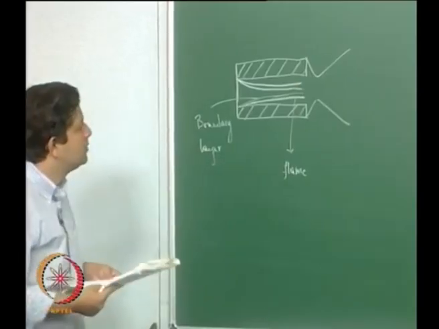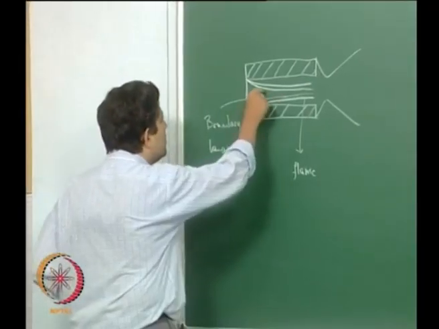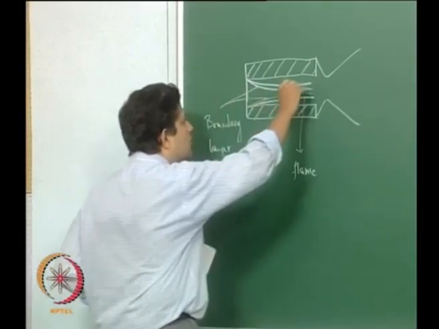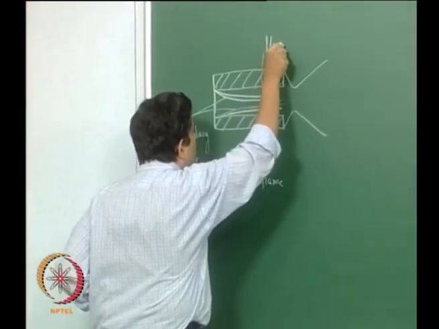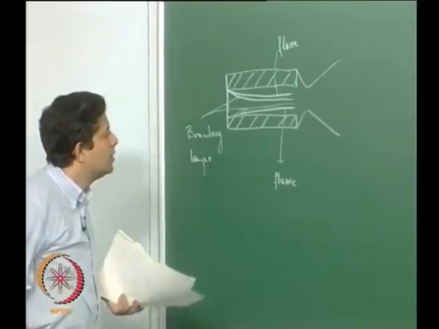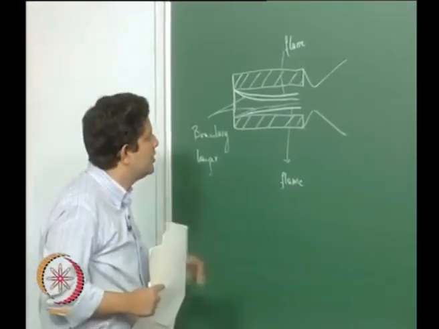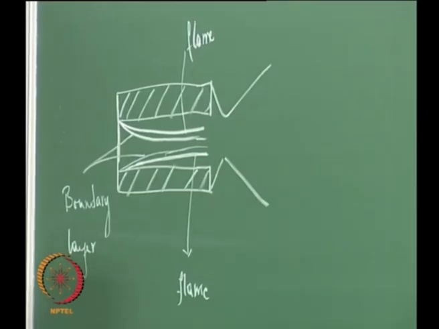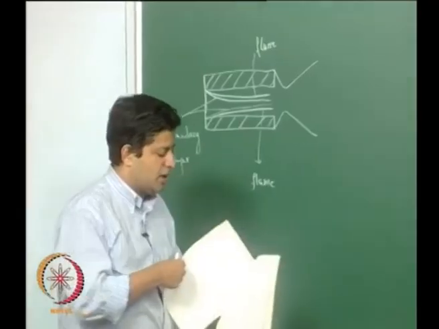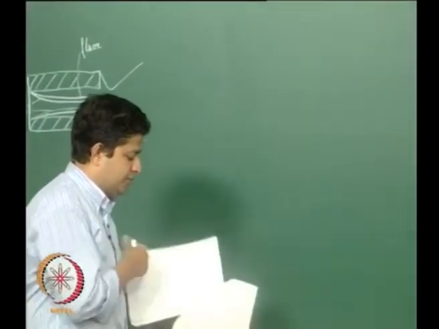So this is how the combustion takes place inside a hybrid rocket motor. Now if we look closely into this combustion zone, then we will be able to look at all the processes that are taking place in that zone.